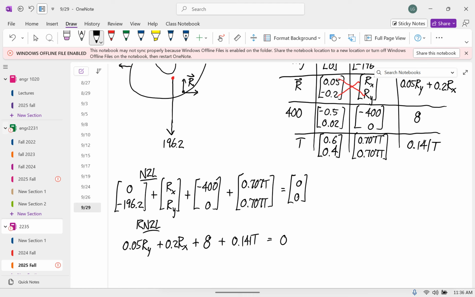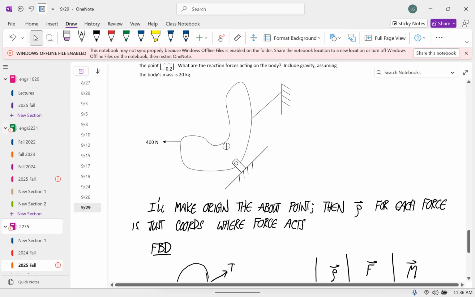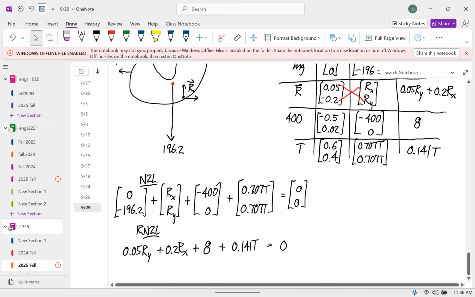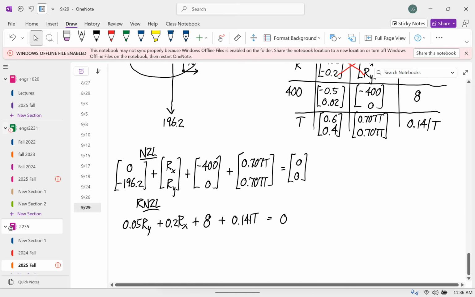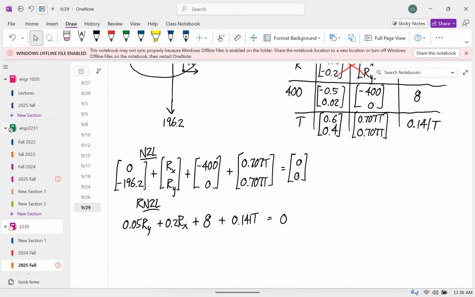Otherwise, isn't it easier to make the about point at R? Yes, because then the moment of R is 0. Correct. Yep, that's right. And I just always want to reiterate, in the big picture, it doesn't even matter. You just plug it into reduced row echelon form and solve it. But there are little tricks that can save you a little step here and there.